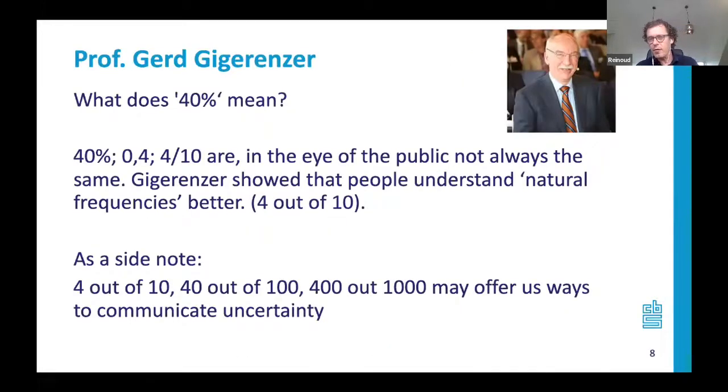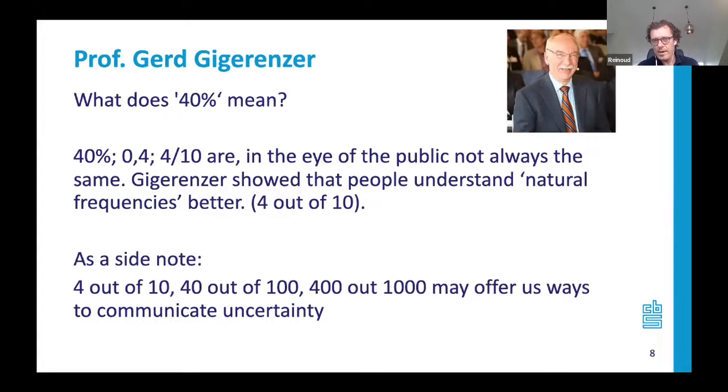But it does not only hold for visualizations. Also when we communicate normal statistics, like a percentage. You probably know Gerd Gigerenzer, an amazing researcher who has done great research and written nice books. For example, a percentage for us is normal.